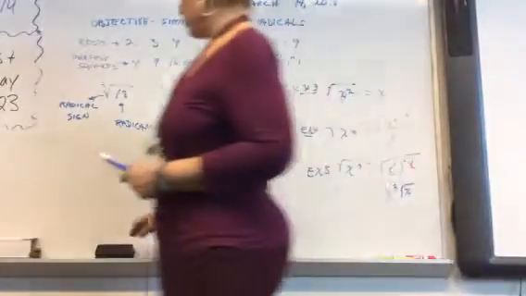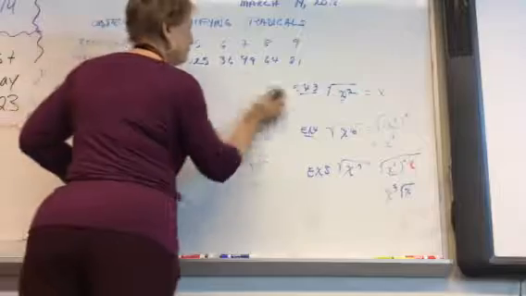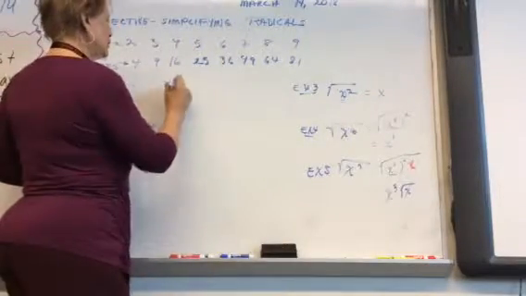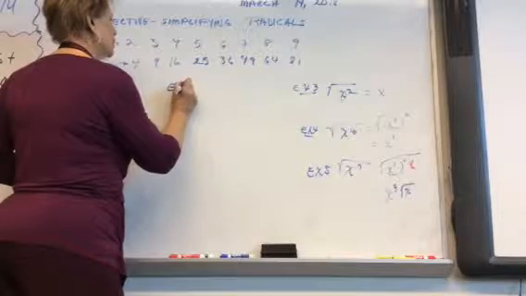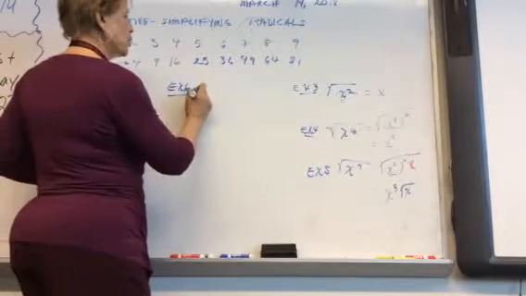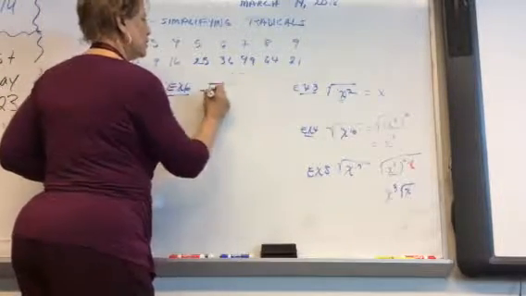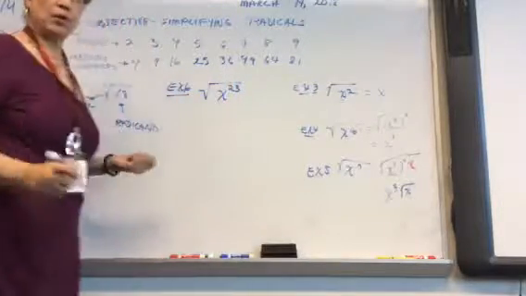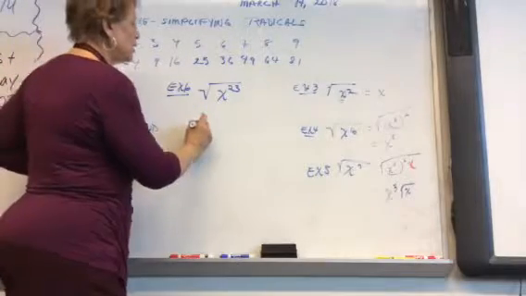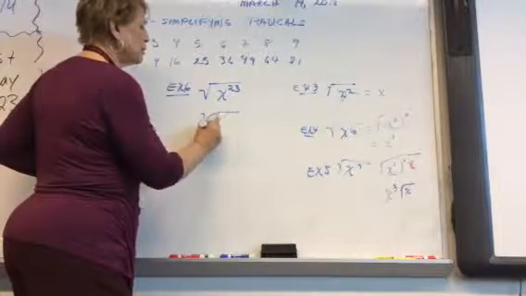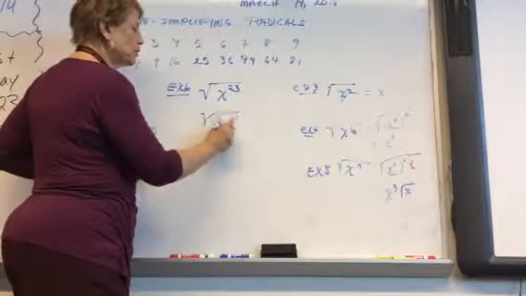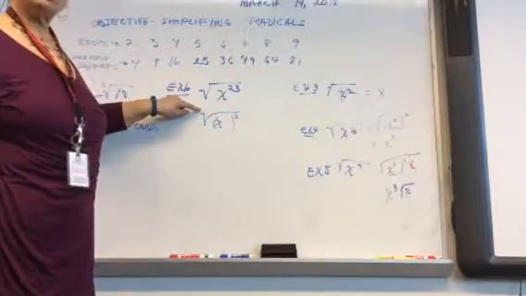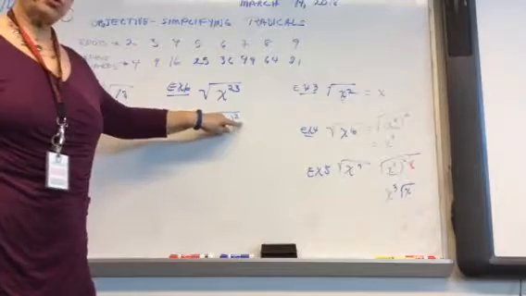Let's work a few more problems. Example 6. Let's do the square root of x to the 23rd power. I'm going to put x in my parenthesis, leave room for the exponent, always 2 on the outside. As long as there's an understood 2 here, we always want a 2 there.